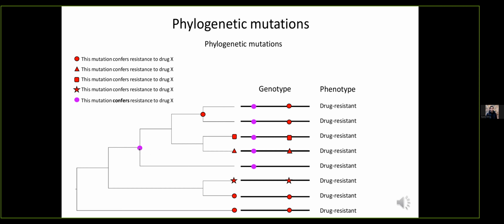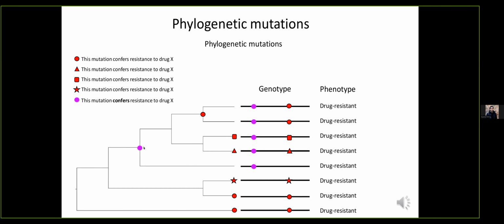The only difference is that this purple mutation confers drug resistance. The reason I mention this is that the fact that we call a mutation phylogenetic is not related to whether it confers drug resistance or not.